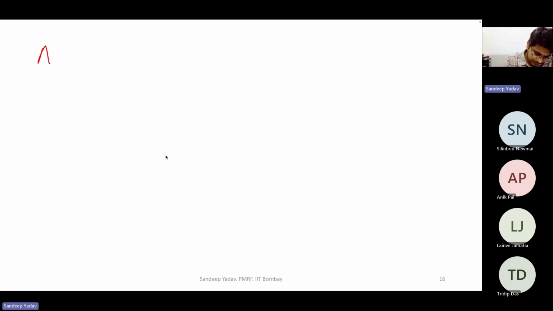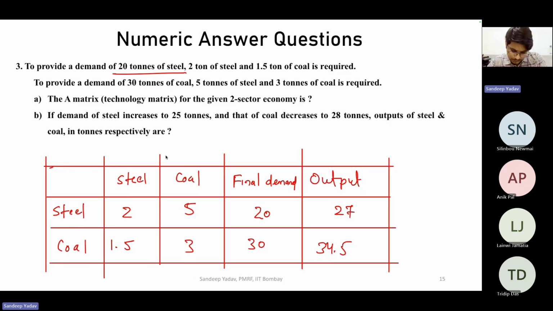Now, if you write this into matrix form, it would be 2 by 27, 1.5 by 27. Because for calculation, as we have solved in the video lectures by the sir of this week, for creating a technology matrix, we have to divide the amount of each entry by the total output.